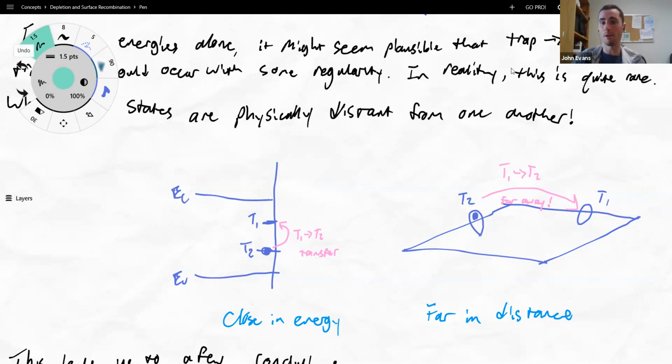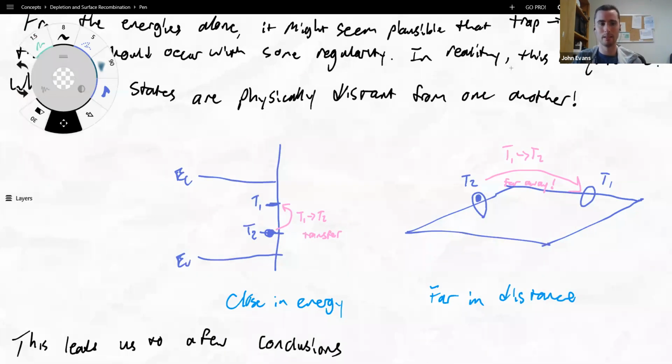So the distance makes it harder for the electron to transfer. So in practice, you can transfer from one of your bulk states, your conduction band or your valence band, to a trap state, and then back and forth from there, but you can't really go from trap to trap, which is actually quite convenient. It'll make our lives a lot easier.